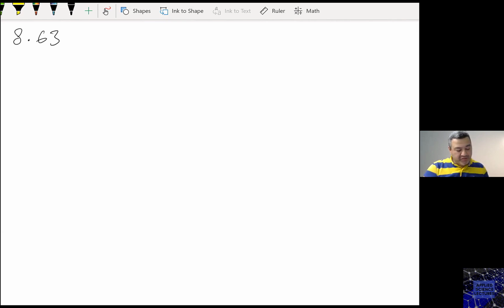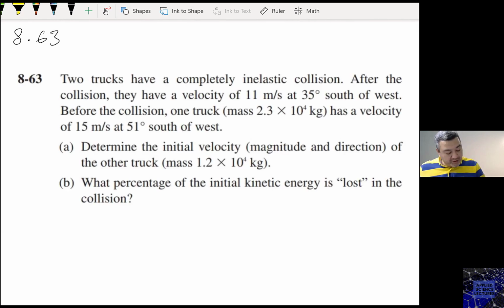Question 863 reads the following. Two trucks have a completely inelastic collision. After the collision, they have a velocity of 11 meters per second at 35 degrees south of west. So let me first start with my coordinates x, y.